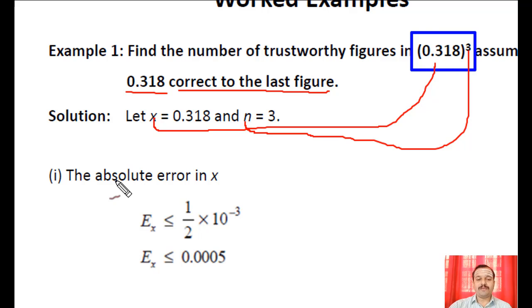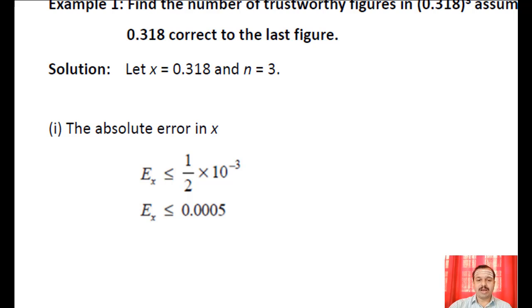Now we have the formula from the previous slide. Please see the formula here.